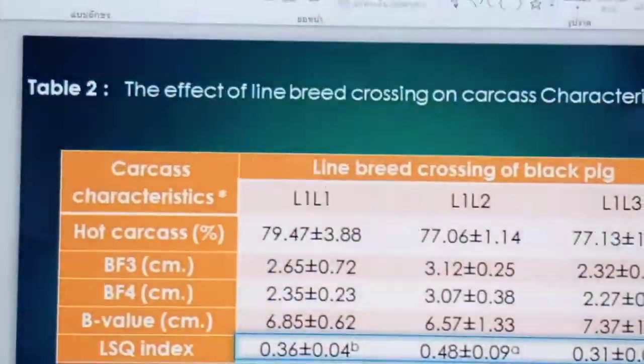This slide shows Table 2, the effect of input line crossing on carcass characteristics of black pig. Carcass characteristics, including hot carcass, back fat, and B value, were not significantly different among these.